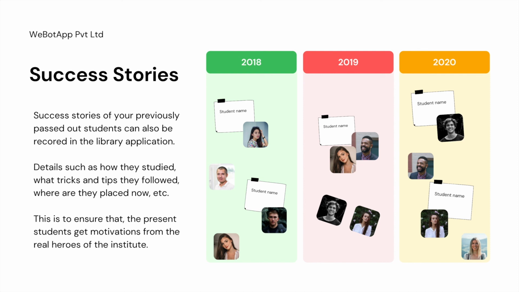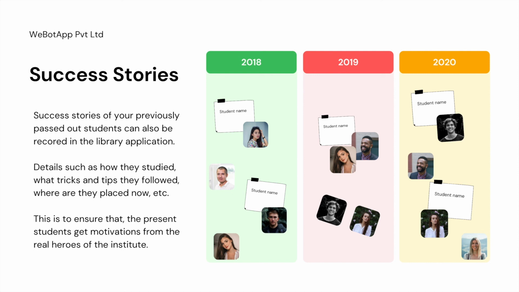For example, details such as how the previous rank holders studied, what tricks or tips they followed, whom they followed, and where they are placed now. All these important pieces of information which can motivate the other students of the institute can be placed in the library management system in a section called success stories.